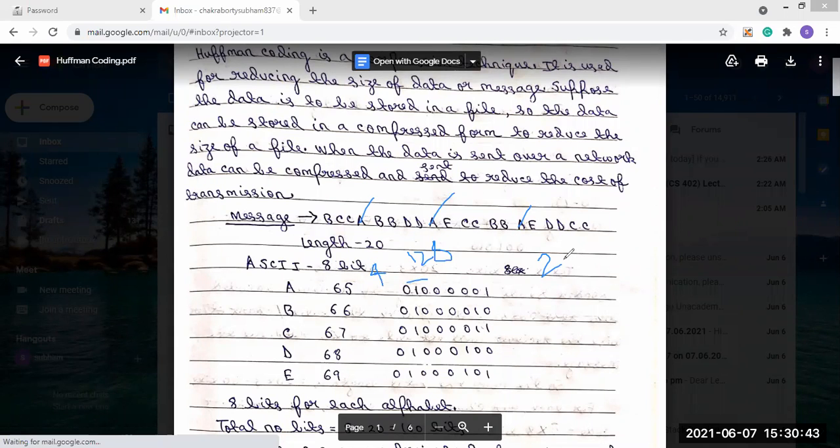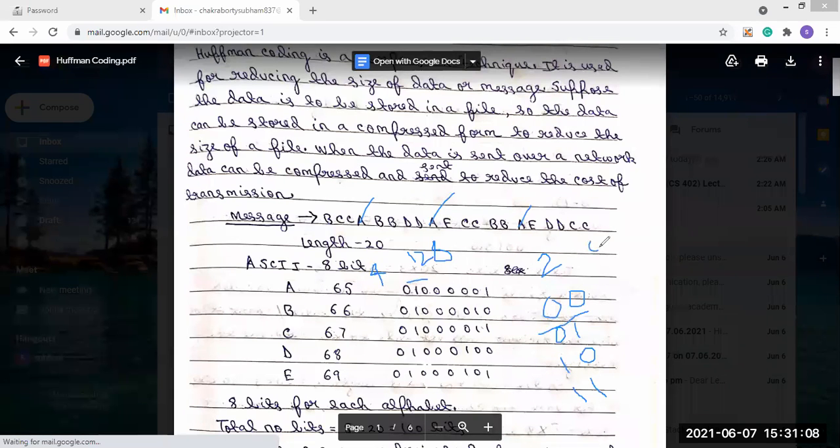Same as that, for representing 4 characters, how many bits are required? We know 00, 01, 10 and 11. Total 4 characters, so representing 4 characters, we require 2 bits.